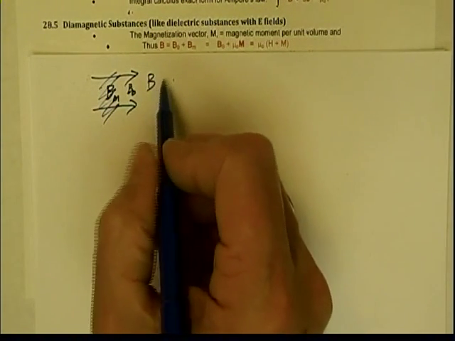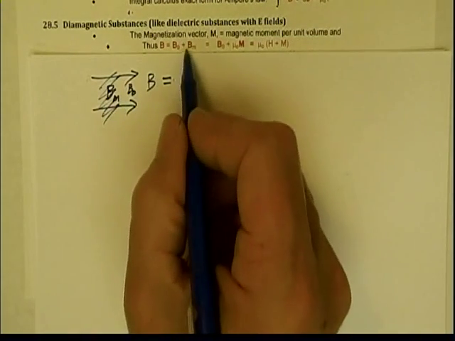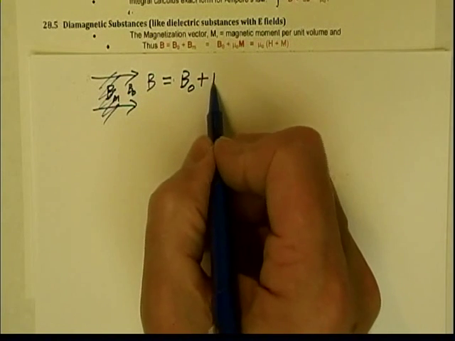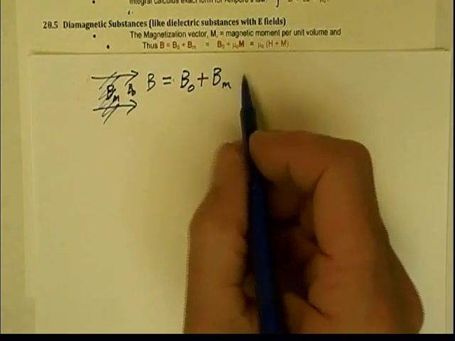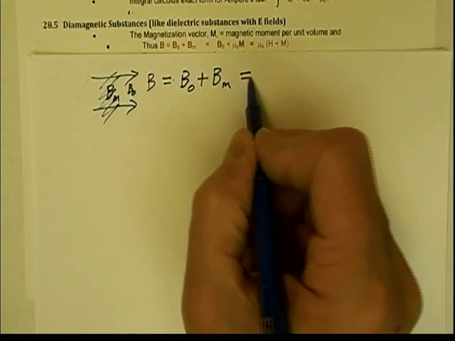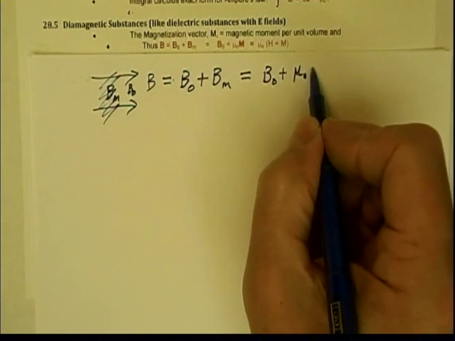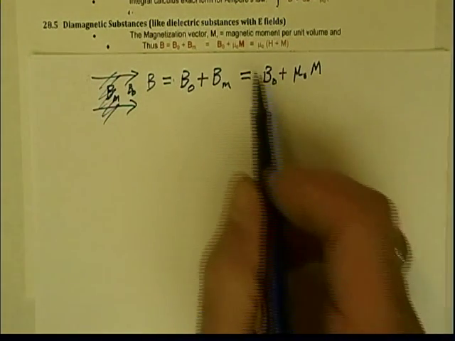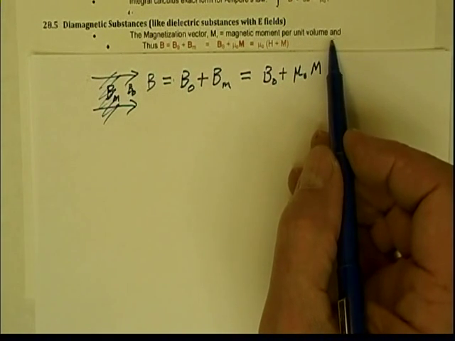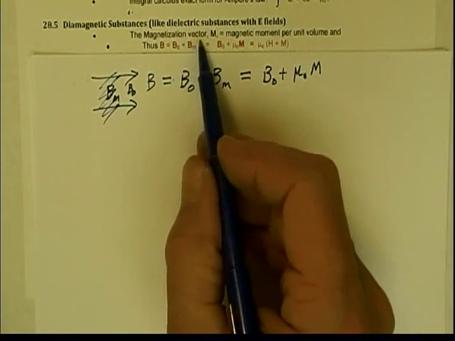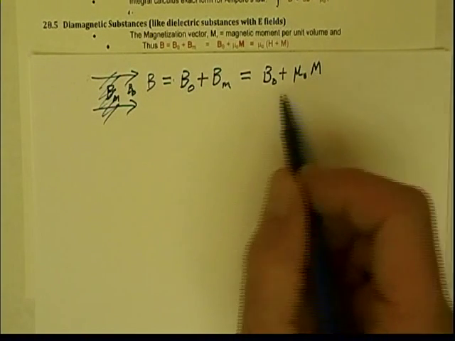So we could write B total is equal to B naught, the original field before the material was placed there, plus Bm, which is the magnetic field due to the material. Now that can be written as B naught plus mu naught times M, where M is here defined as the magnetic moment per unit volume. It's also called the magnetization vector. M is the magnetization vector.